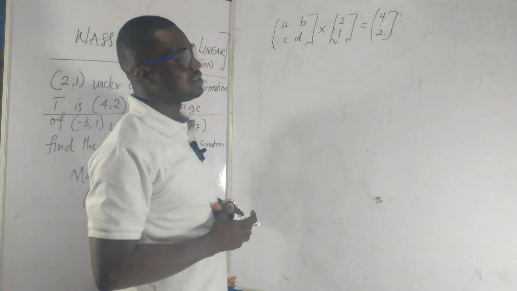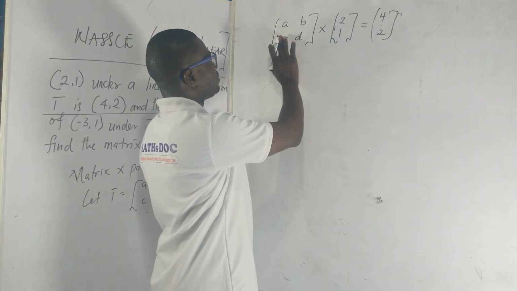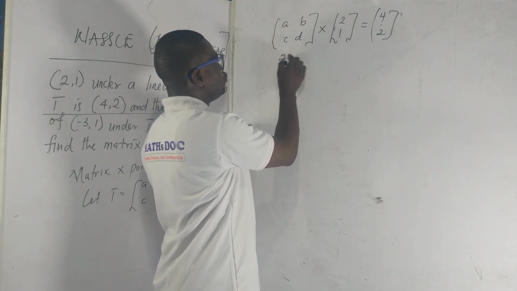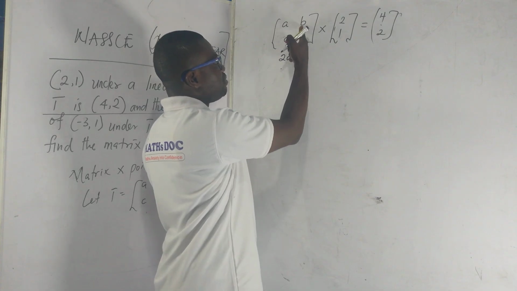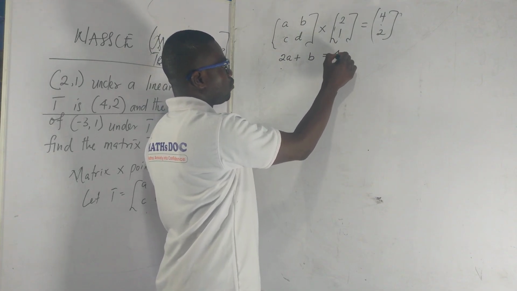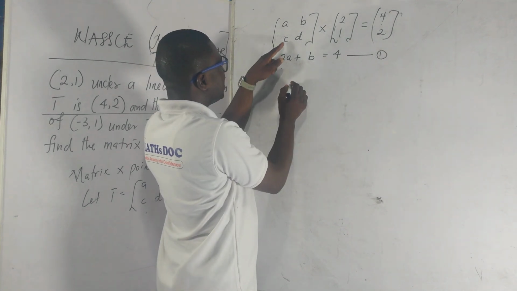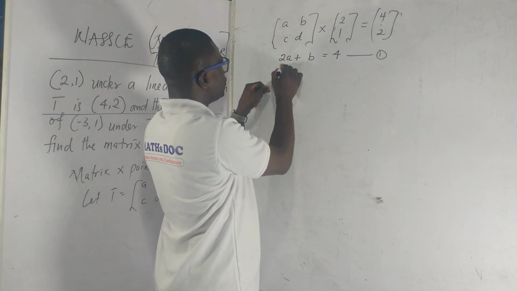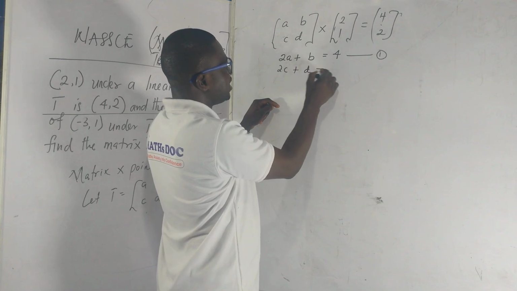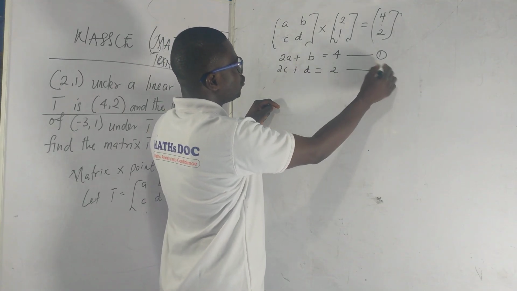So we can get equations from that: 2a plus b times 1, which is b, is equal to 4. That is the first equation. Then c times 2 is 2c, and d times 1 is d, equal to 2. That gives you equation 2.